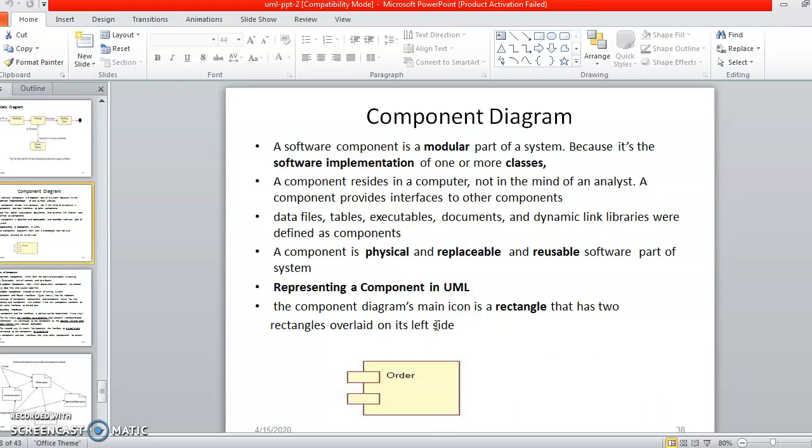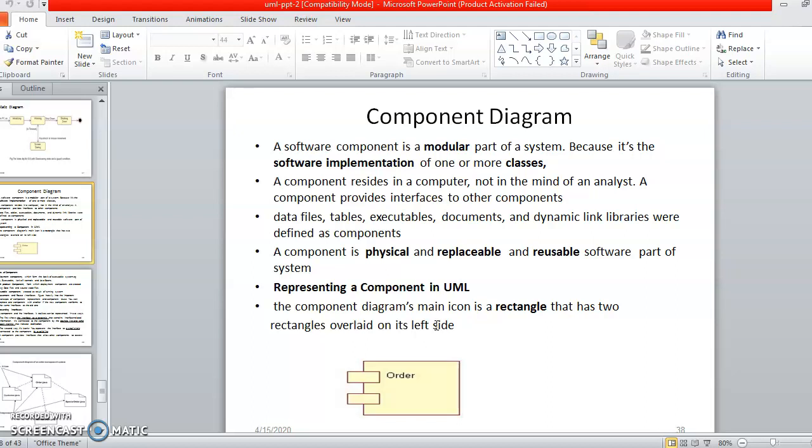Next one is the component diagram. A software component is a modular part of a system because it is the software implementation of one or more classes. A component resides in a computer, not in the mind of an analyst. A component provides an interface to the other components.